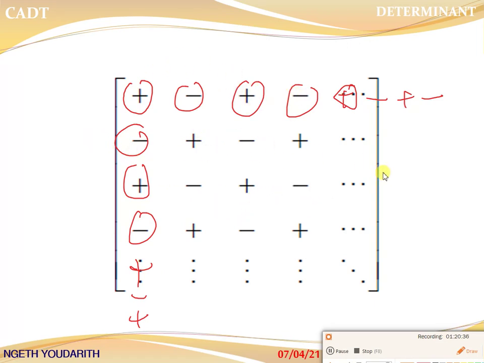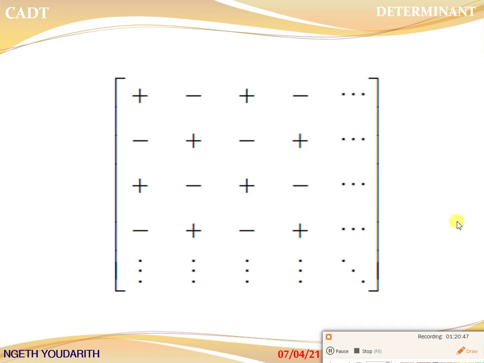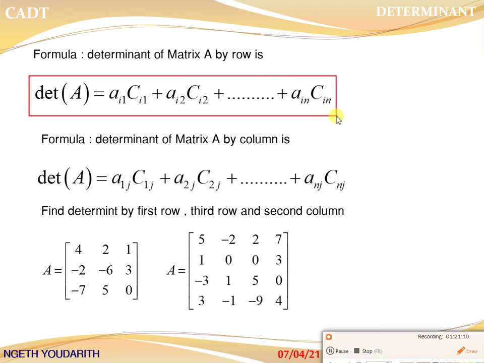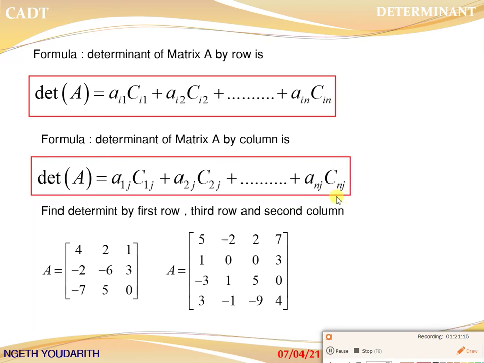So we can choose any other row or other column to find the determinant. This is the formula of the determinant by row, and this is the formula of the determinant by column.